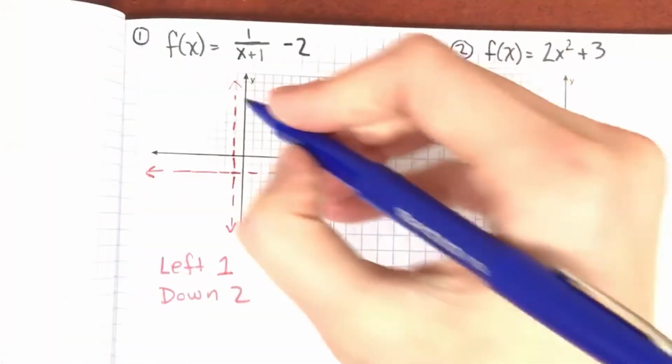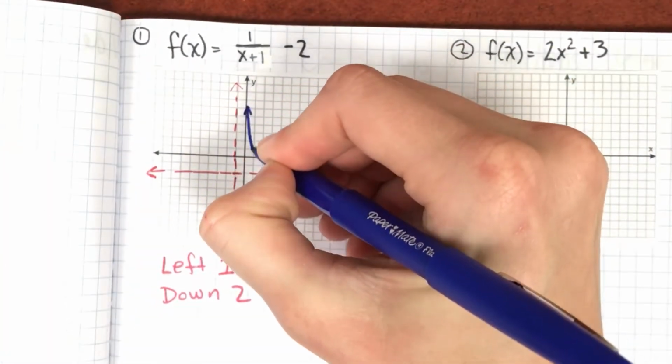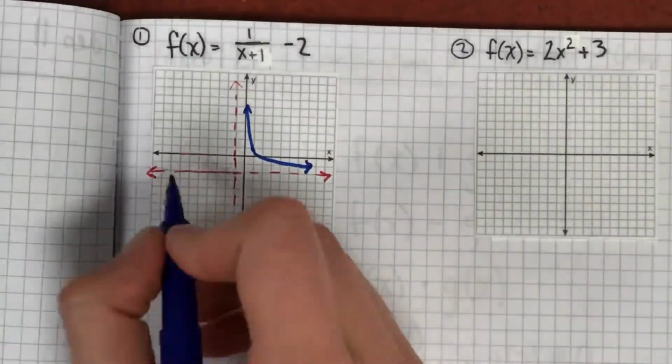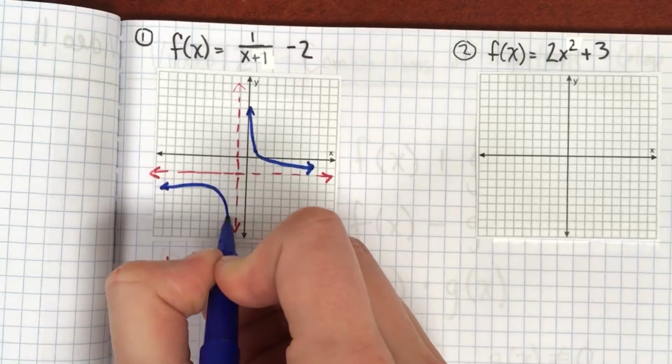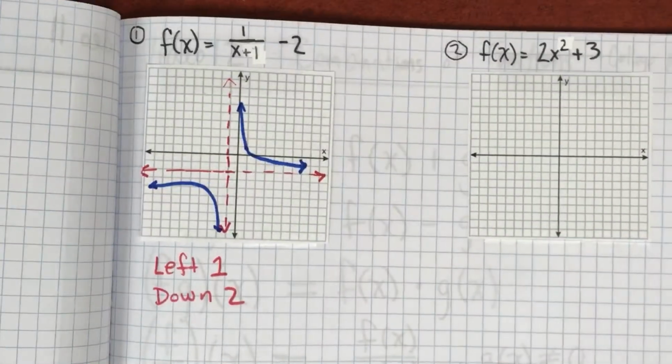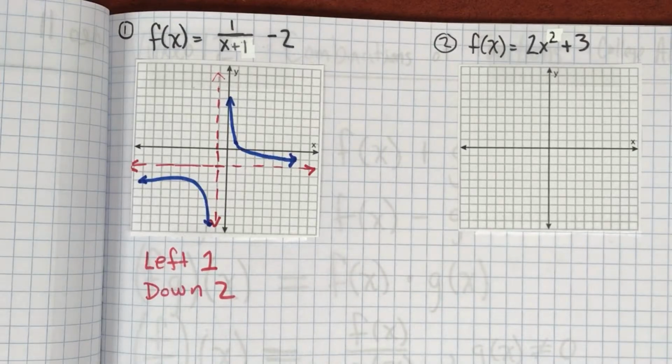And for me, I don't really mind how approximate you are. Just make sure that your graphs are in the correct quadrants. If you want, you can always look at your graphing calculator or Desmos and look at the actual table of values.